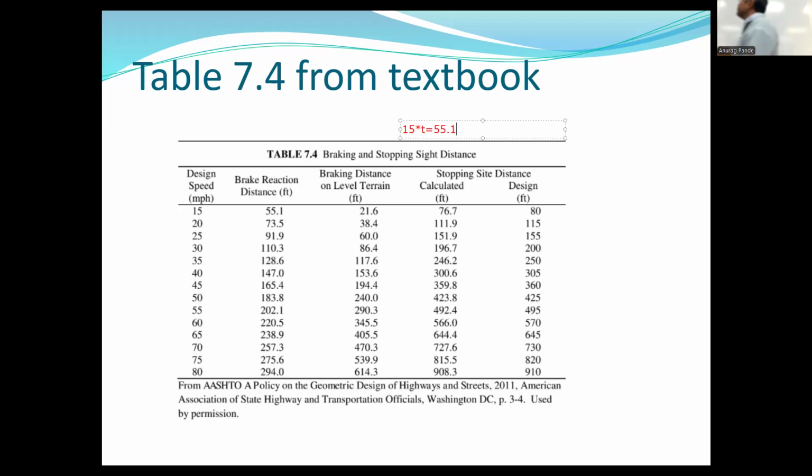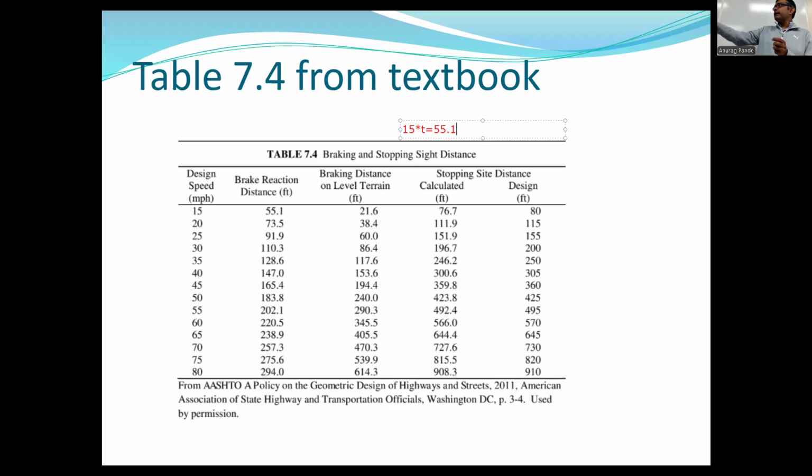If you multiply the 15 miles an hour design speed by reaction time T, you should get 55.1. Now, what's the catch here in applying this equation? If I divide 55.1 by 15, would I get my reaction time? I won't, right? Because the units are off.